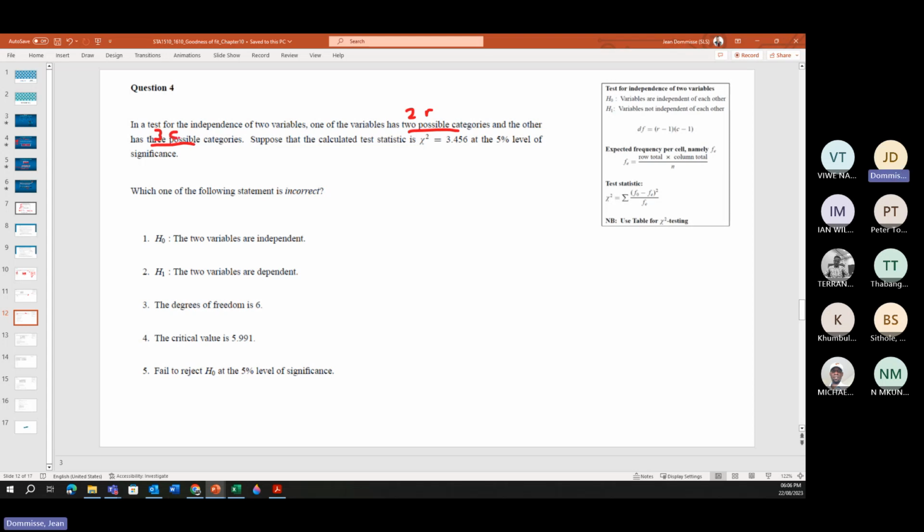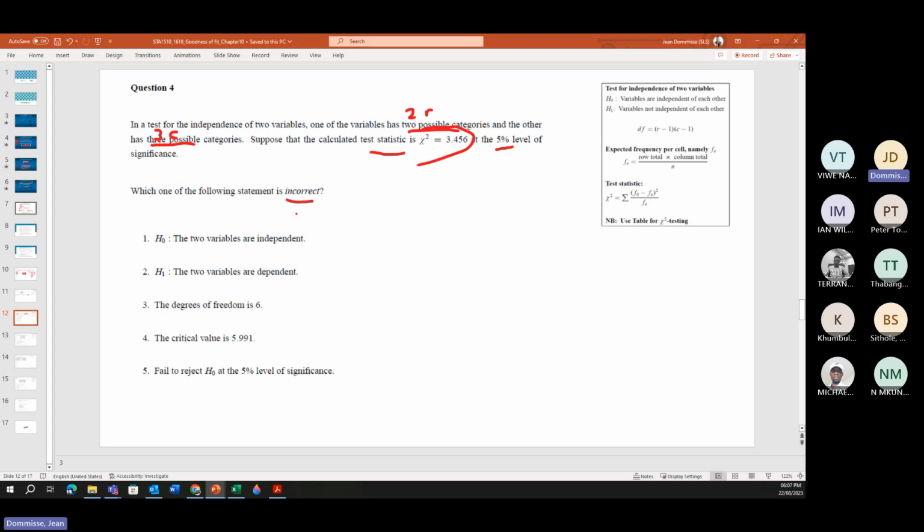Then they tell us, suppose that the calculated test statistic is 3,456 at the 5% level of significance. Then which one is correct or incorrect? So which one is incorrect?